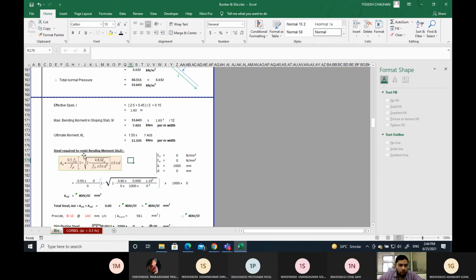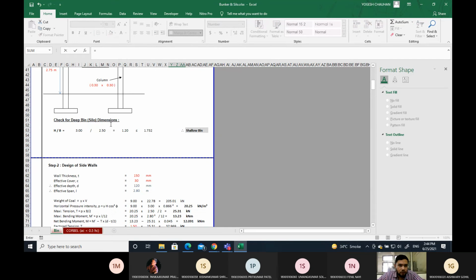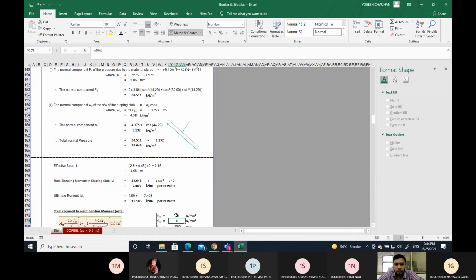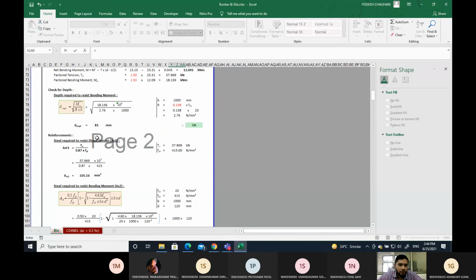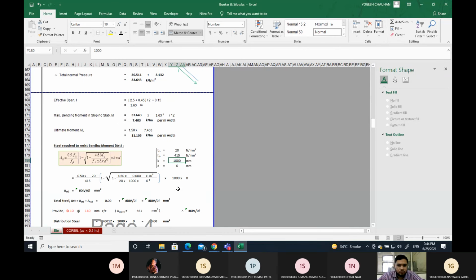You can now find the area of the steel required to resist the bending moment, Ast. FCK is 20. FYK, that is the characteristic yield strength of steel, is 415.